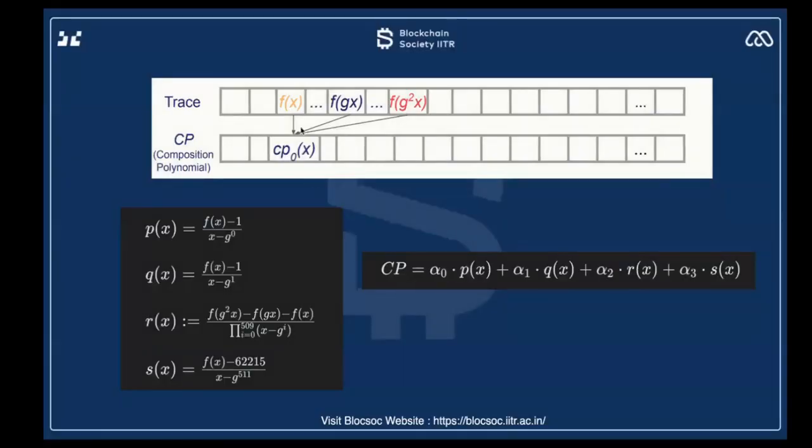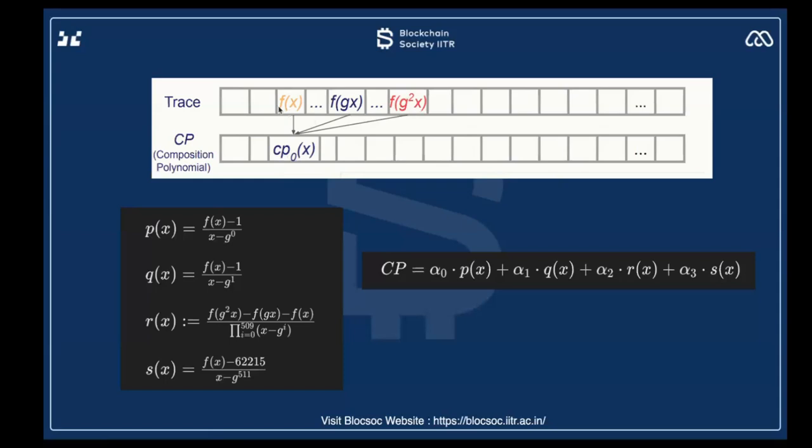Now the verifier will again generate a random number x and provide it to the prover, and the prover will calculate four things: f(x), f(gx), f(g squared x), and CP0(x), and give all four values to the verifier. Now the verifier will compute its own CP0(x) by using the three values f(x), f(gx), and f(g squared x).